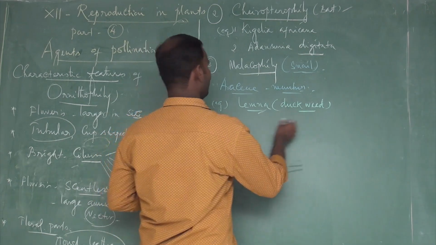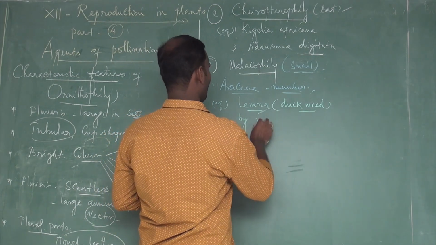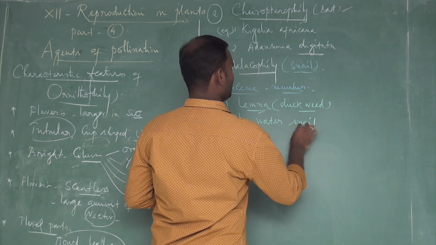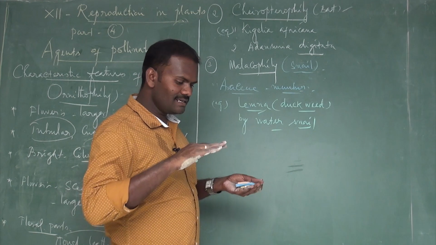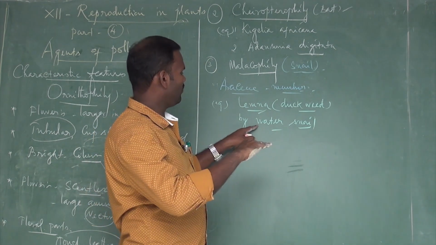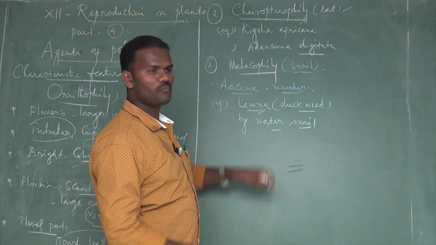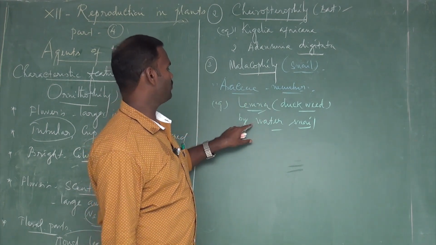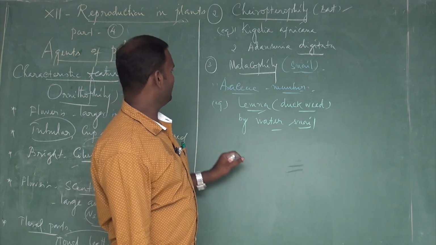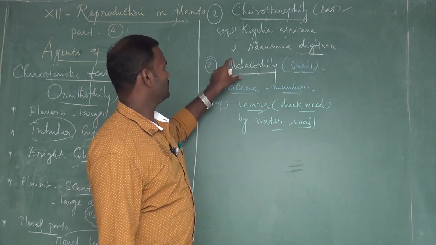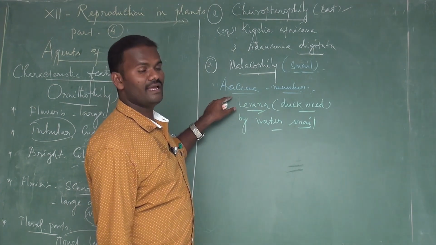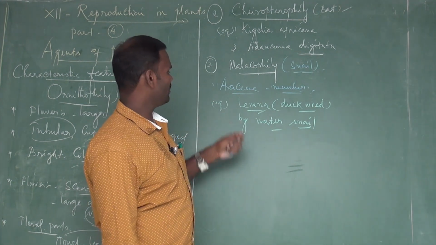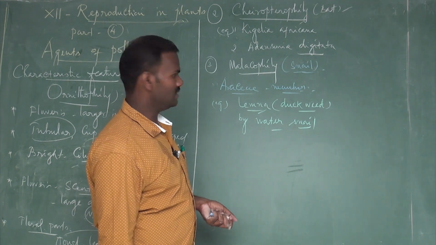It is pollinated by water snails. The water snails crawl among the leaves of Lemna, which effects pollination. In general, pollination by snails is called malacophily. Certain Araceae members and aquatic plants like Lemna are pollinated by snails.